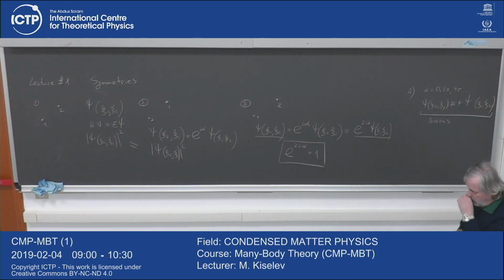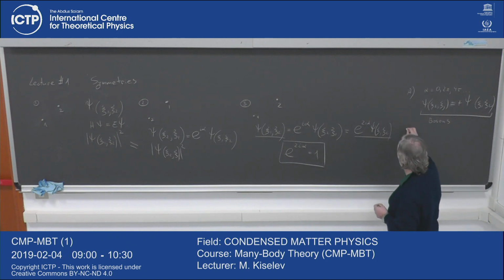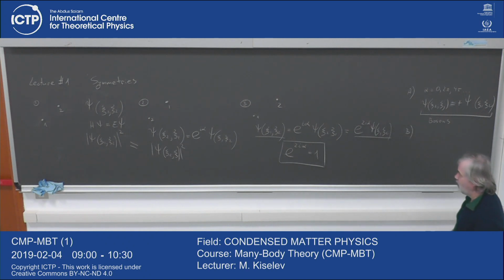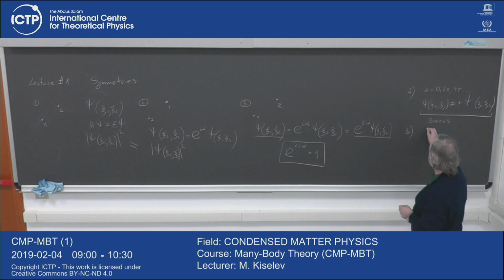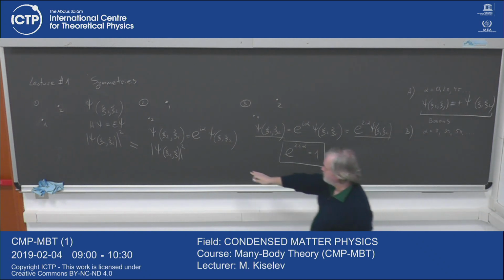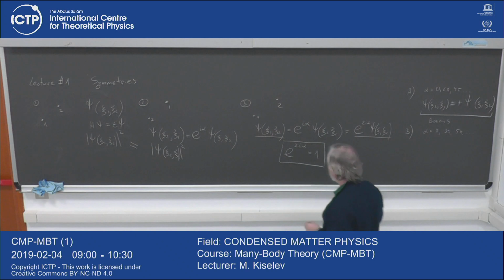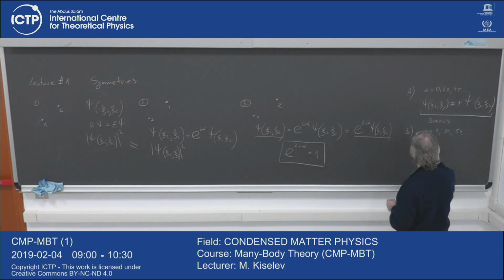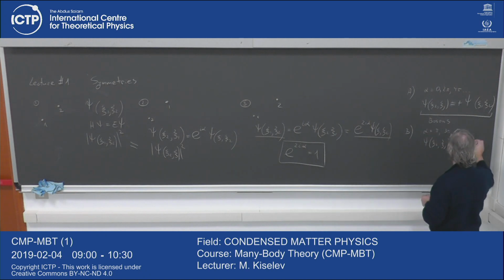However, there is yet another class of solutions, B, namely it happens when alpha is equal to pi, 3 pi, 5 pi, and so on and so forth. In this case, we have another property, namely psi(ξ2, ξ1) is equal to minus psi(ξ1, ξ2).